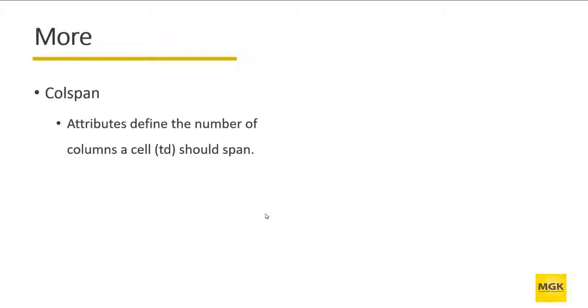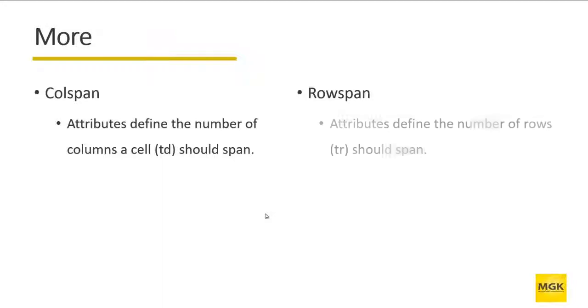Whenever I have to create a single TD that covers all the columns, I have to use the colspan attribute. And what is rowspan? The rowspan attribute defines the number of rows a cell should span. Whenever I have to span some rows, then I will use rowspan.